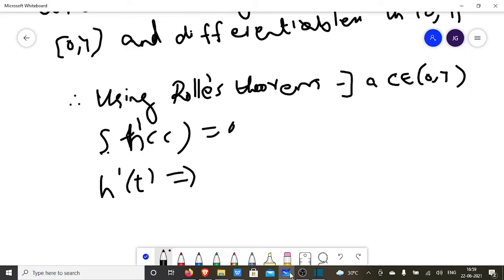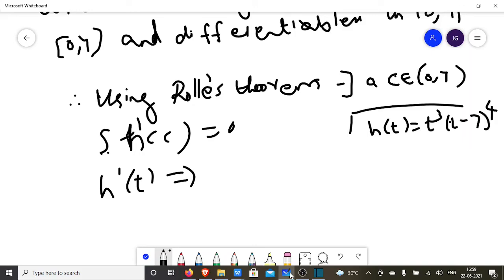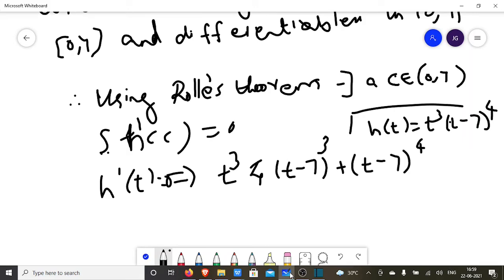Now consider h dash t, where h of t is t cube into (t minus 7) all raised to 4. We can use the product rule. H dash t equal to 0 implies t cube into 4 into (t minus 7) all cube plus (t minus 7) all raised to 4 into the derivative of t cube, which is 3t square, is equal to 0.